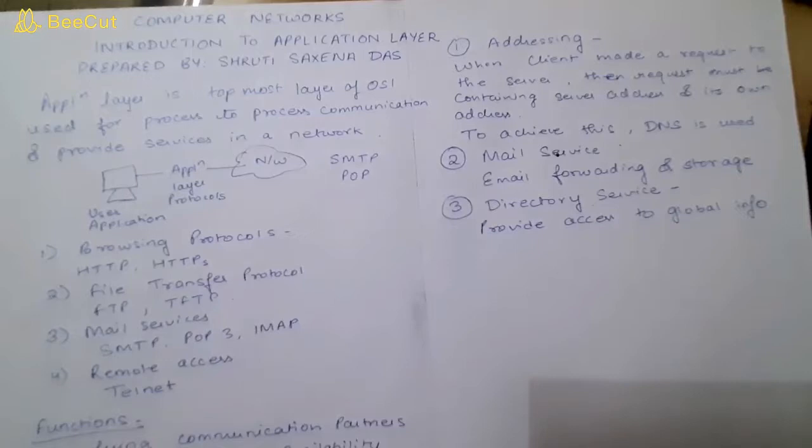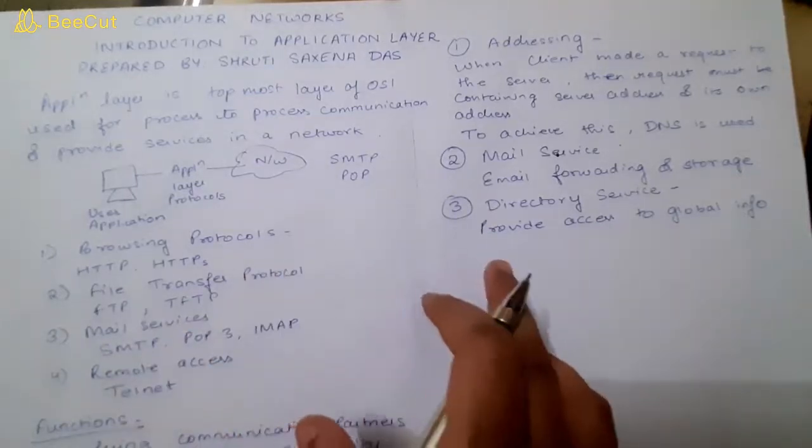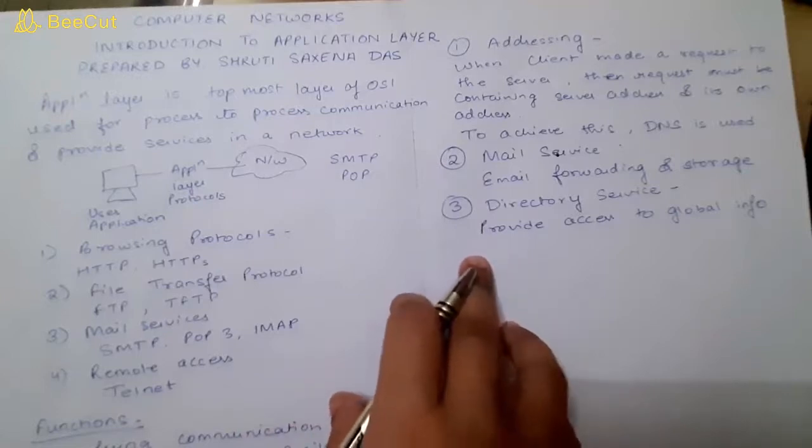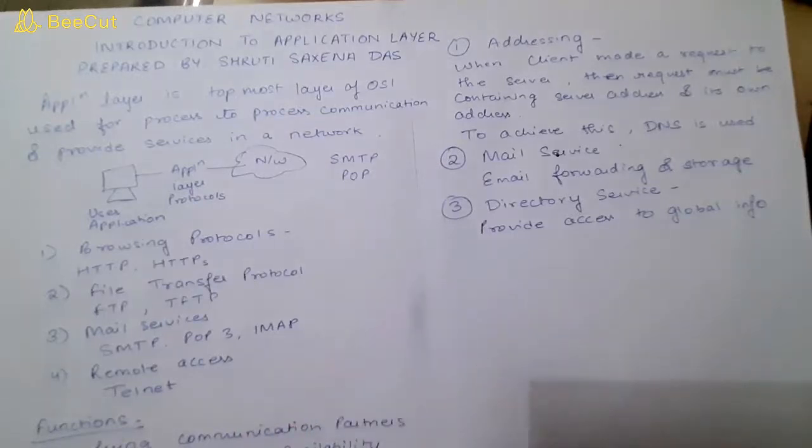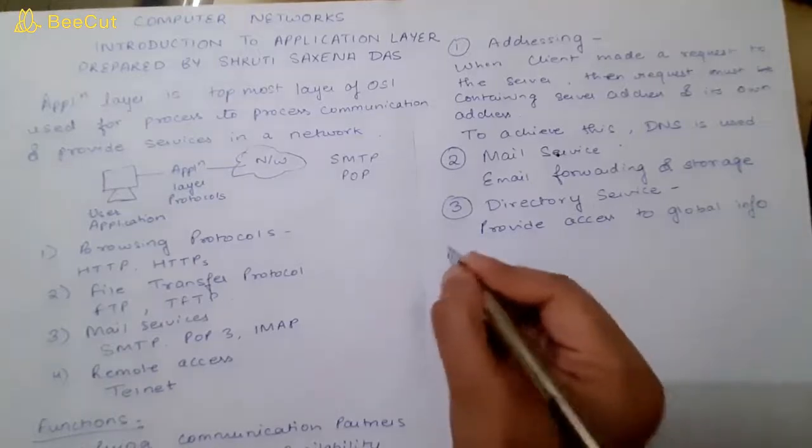Basically the application contains a distributed database which provides access to the global information. So whatever application you are using must contain a distributed database, and that can provide access to the global information.